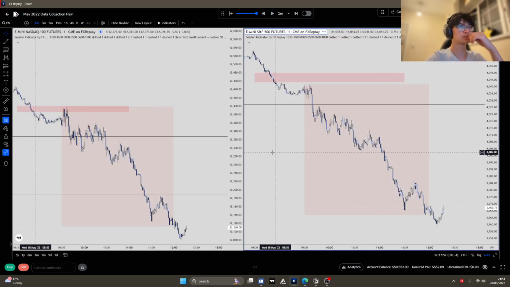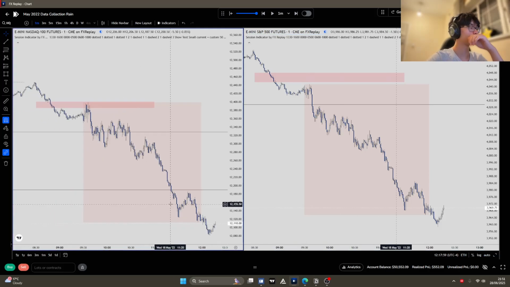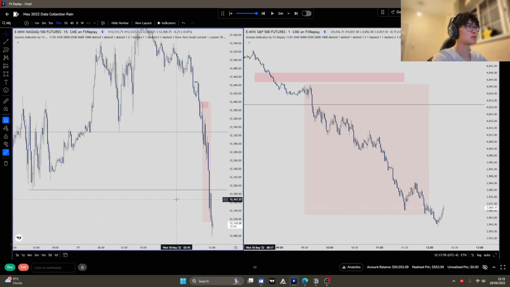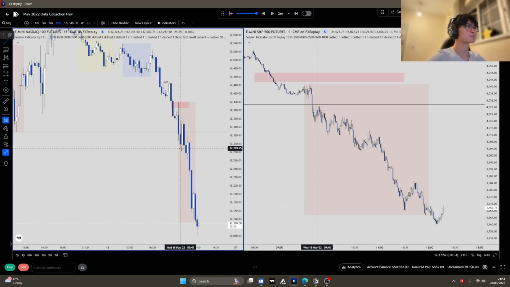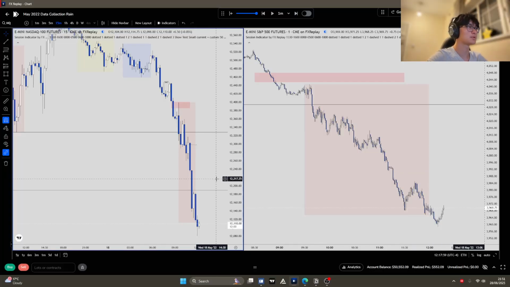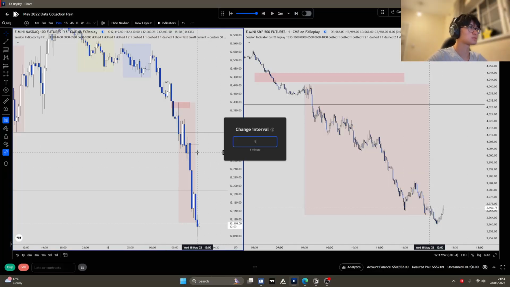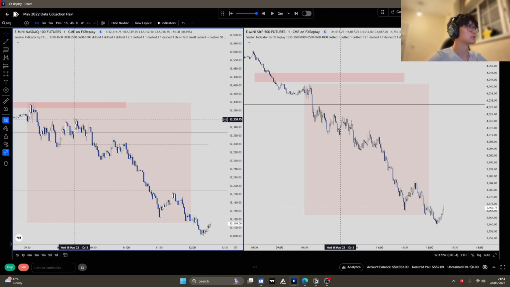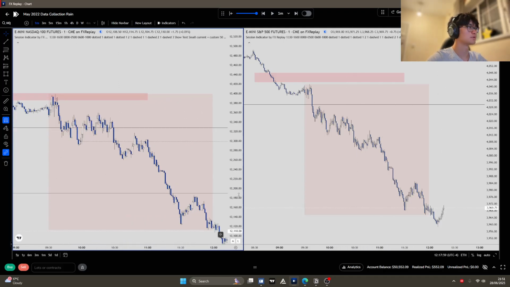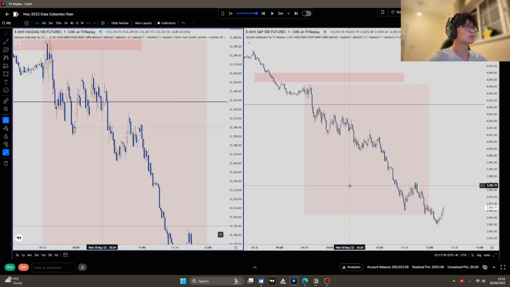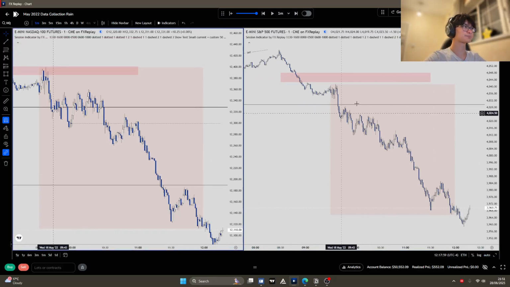Wow, we just dump hella, okay. Yeah, so 15-minute order block into 15-minute gap. Oops. So could have been an entry right here. No, not really. Could have been an entry right here. Not really. Yeah, no entries here.